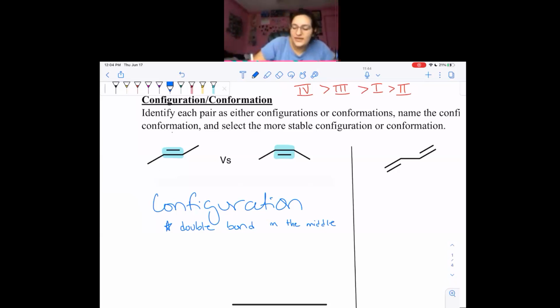What I mean by that is here we have a hydrogen and a hydrogen, right? And the priority group is the one that has the highest mass, right? And so the methyl and the methyl are considered priority. And if the priority groups are pointing opposite one another, we can call that, what do you think?